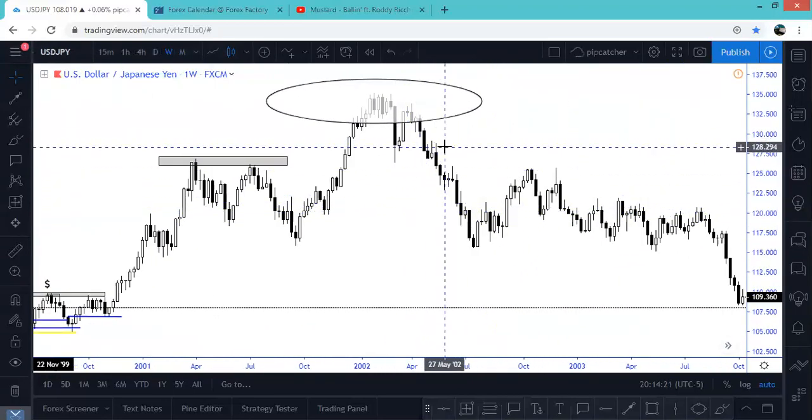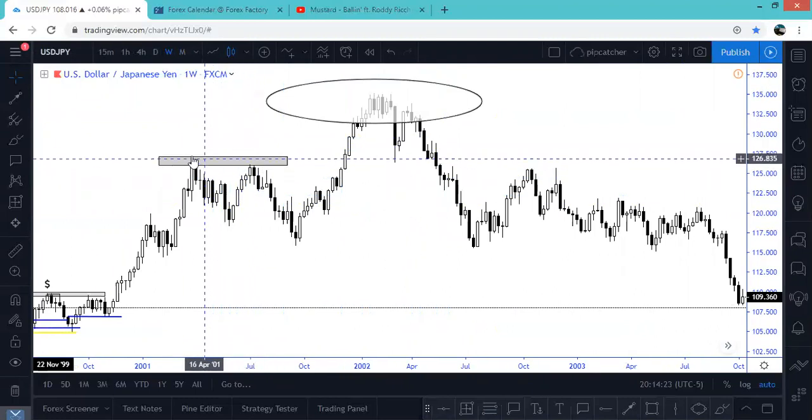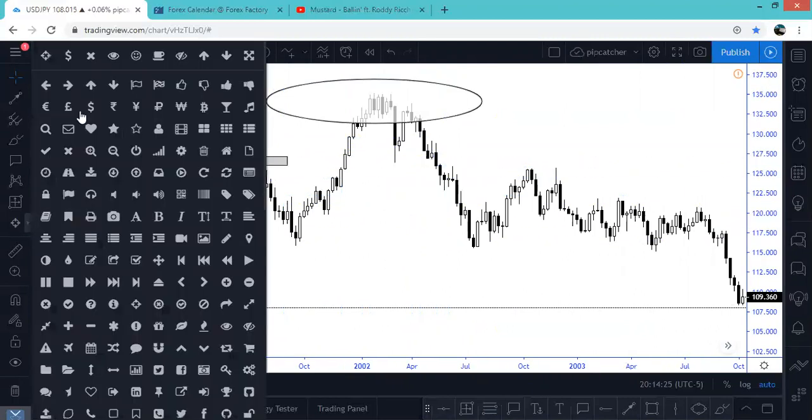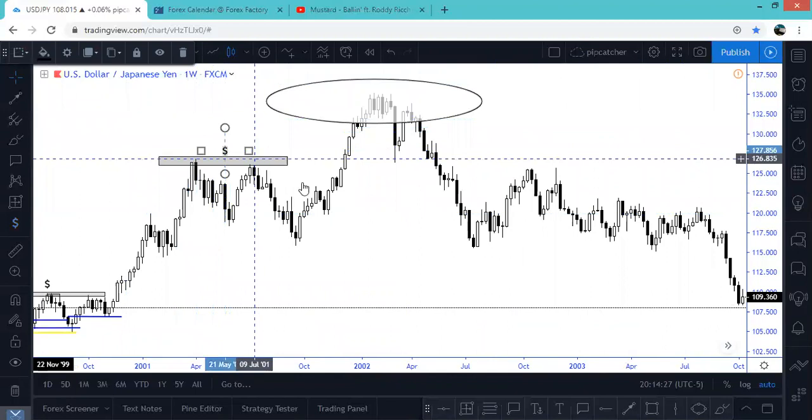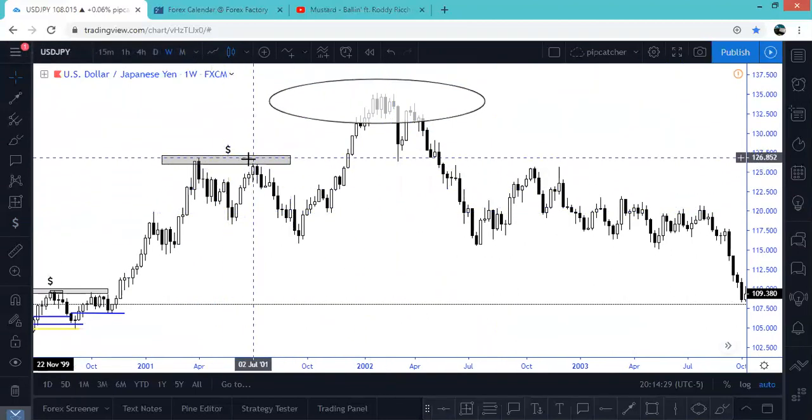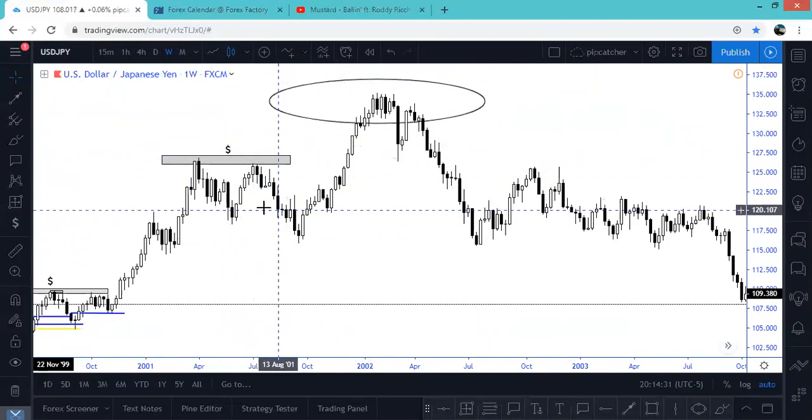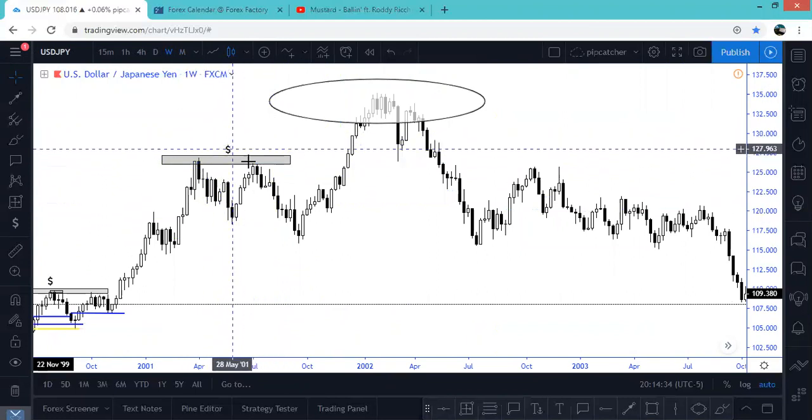All right. So clearly we see the equal highs now right here. So equal highs, not a trade opportunity. It's a target. Why is it a target?